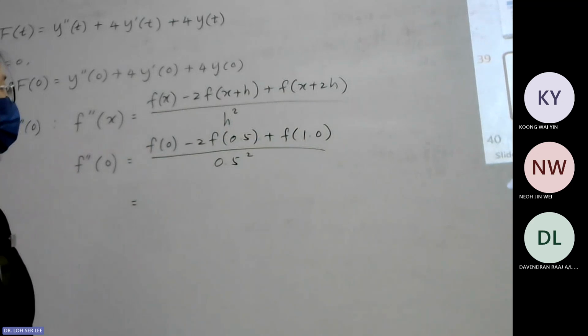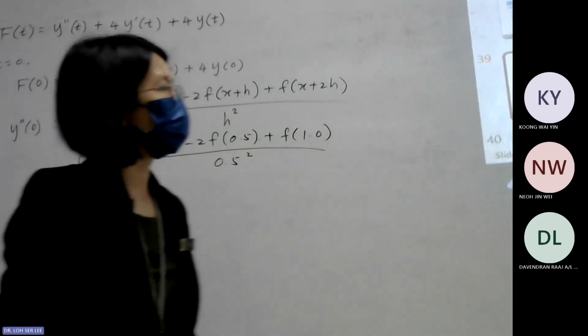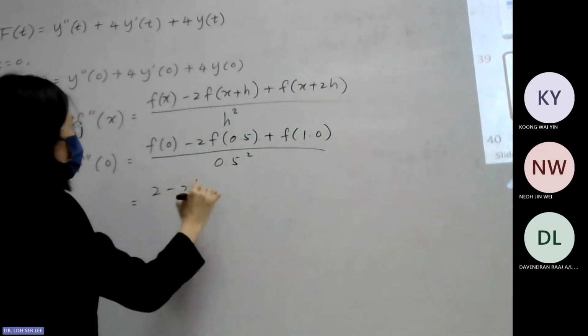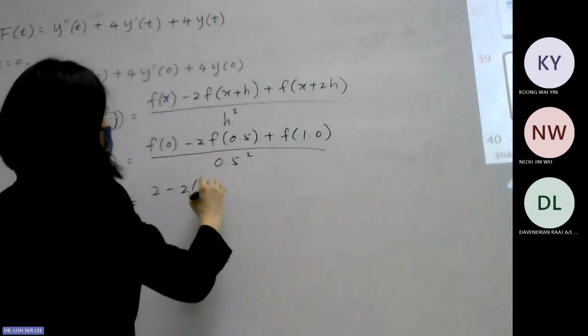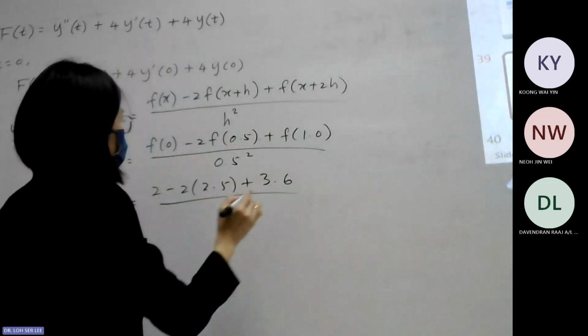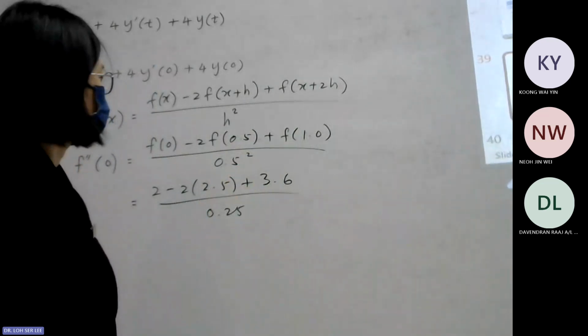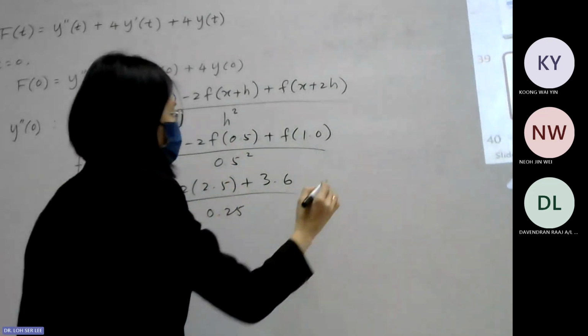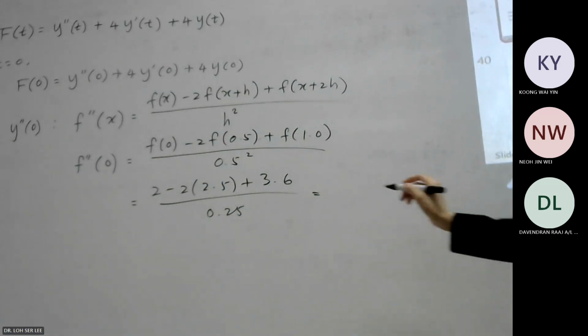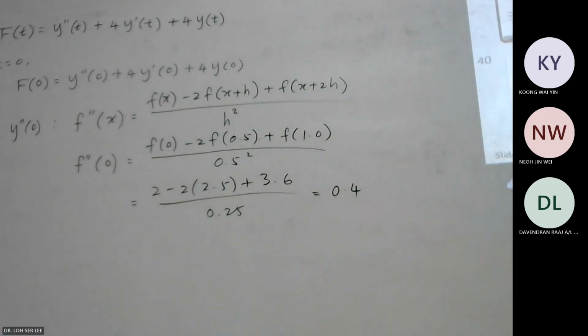Then you substitute the values: f0 is 2, so 2 minus 2.5 plus 3.6, divided by 0.25. So you get 2.4.